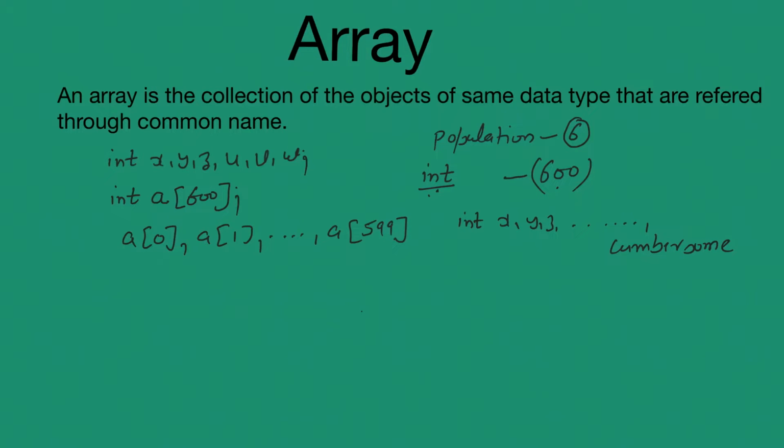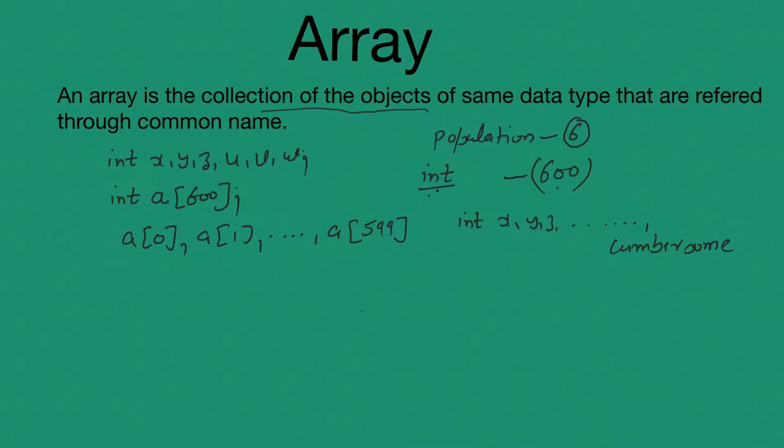Therefore, for that particular purpose, we take the help of the array, and array comes to our rescue. An array is the collection of objects of the same data type that are referred through a common name. Here the common name is a, and the data type is int.